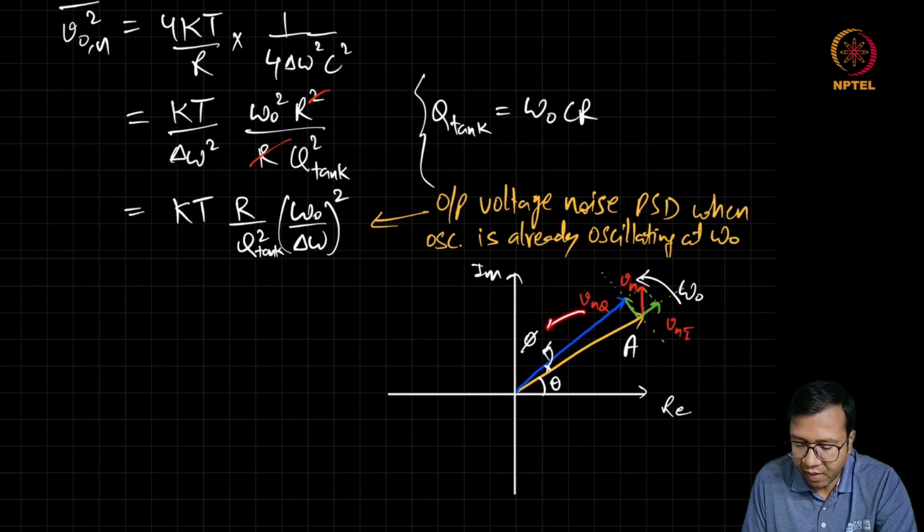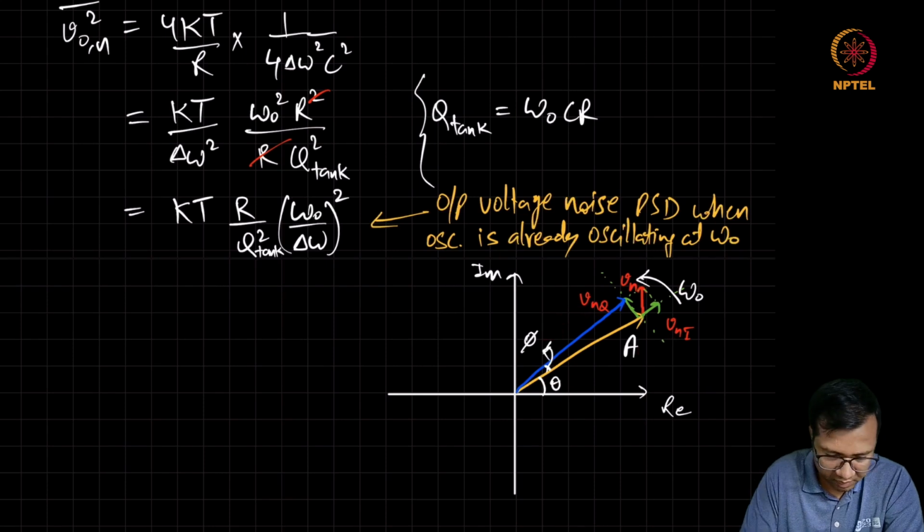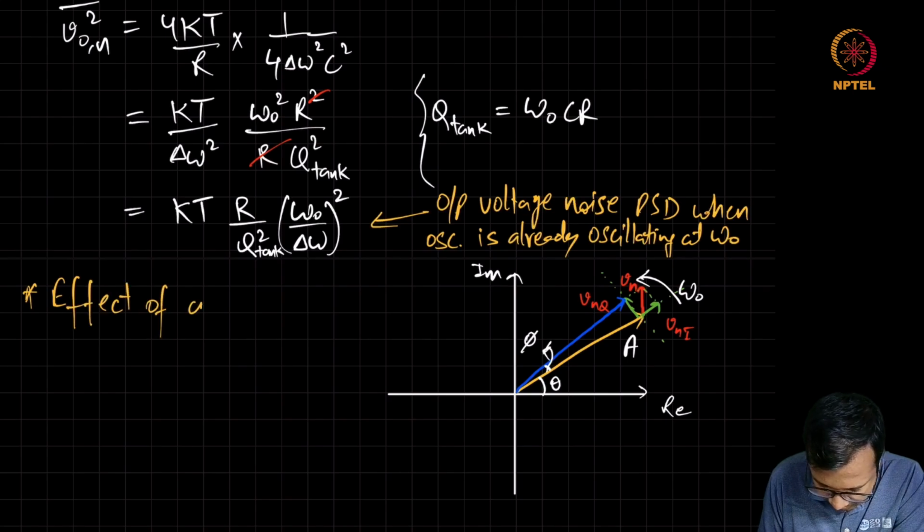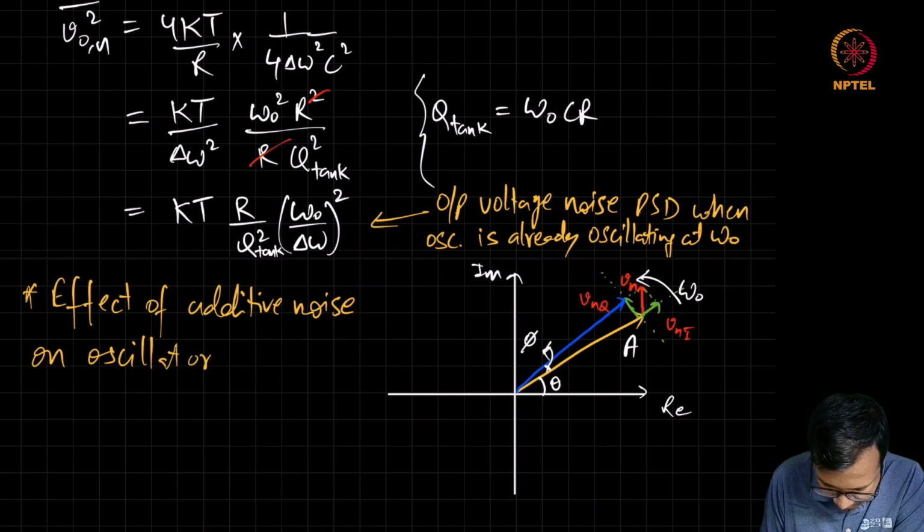This Vnq will directly result in phase noise, whereas this Vni will directly result in amplitude noise. We are trying to understand the effect of additive noise on oscillator phase noise.